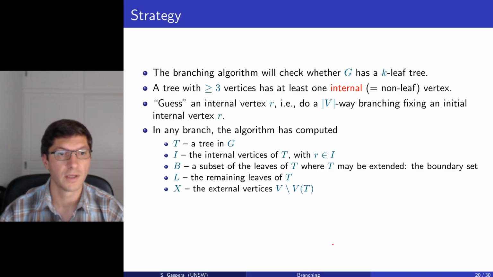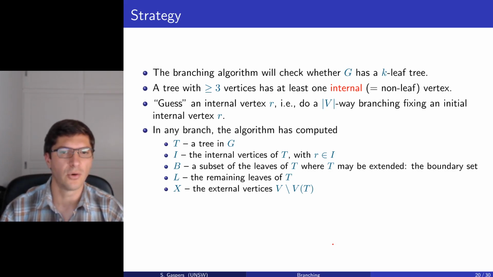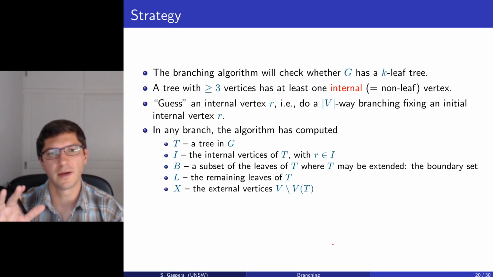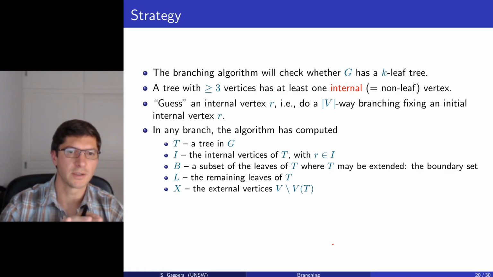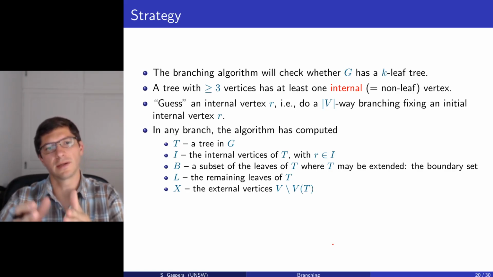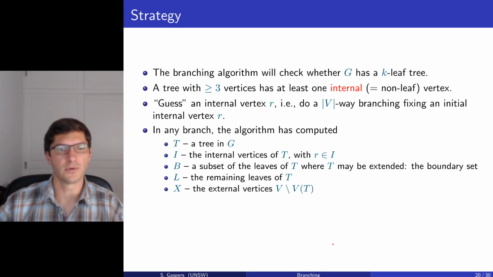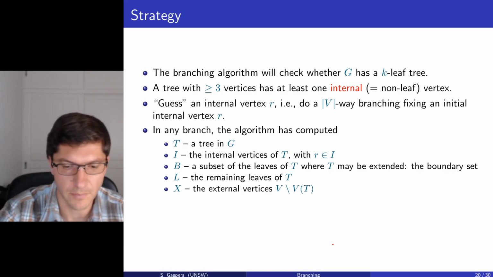Either it's a branching node, so it's in the boundary set B, or we have already decided that this will be a leaf of the final k-leaf tree that we are computing. If it's a branching node, then we can still extend the tree from this branching node. So we can still extend the tree at the branching nodes, but for the leaves, we have decided that they are leaves of our k-leaf tree. And then we have all the other vertices. Those are our external vertices.